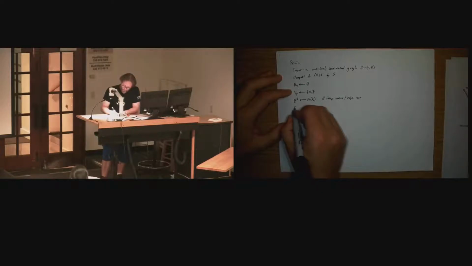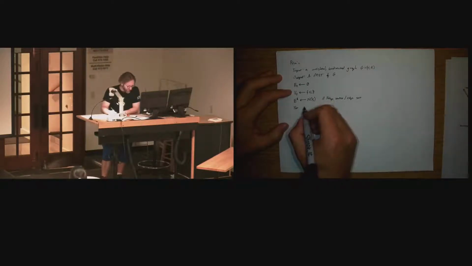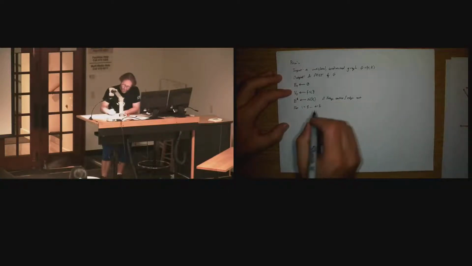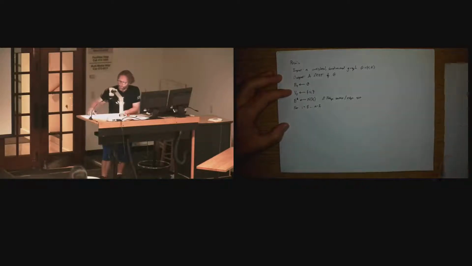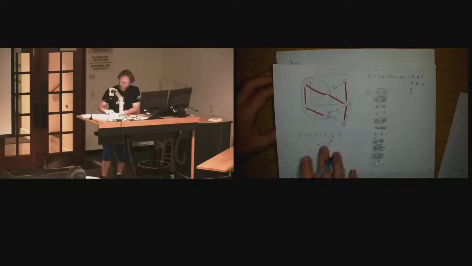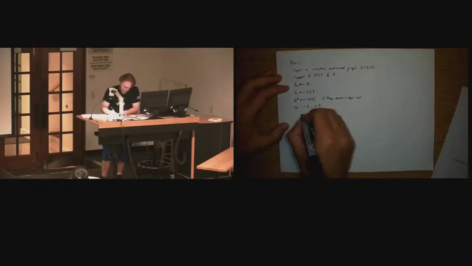So for i equals 1 up to n minus 1, we're only going to go n minus 1 iterations here because each iteration, what did we do? We added a vertex, right? So the way that I'm going to present the pseudocode at least, E is going to be the edge that we want to add next.